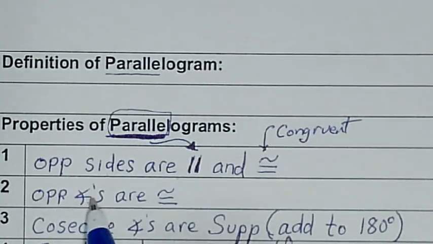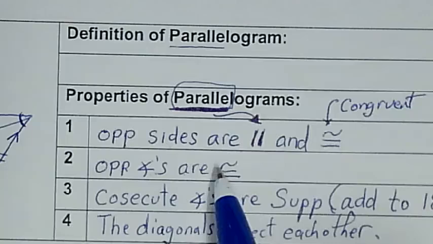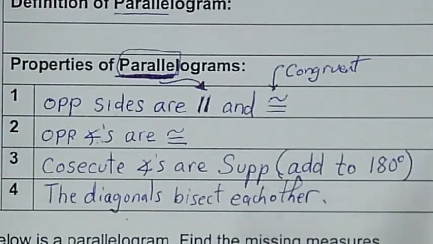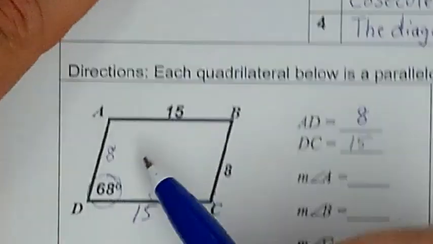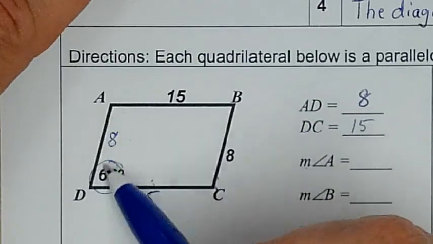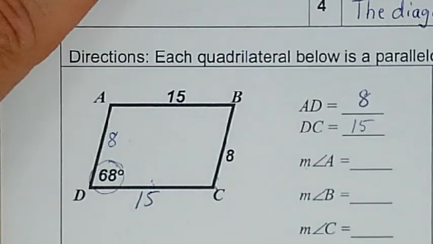Opposite angles are congruent, but consecutive angles are supplementary and add up to 180. They give you the measure of angle D, which is 68, and they're looking for A. Do you think they're opposites or are they consecutive? Consecutive. Sure, they're consecutive. So class, since consecutive angles are supplementary, what do you think A has to be?